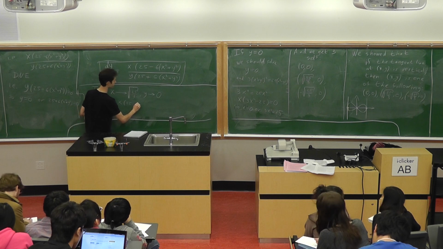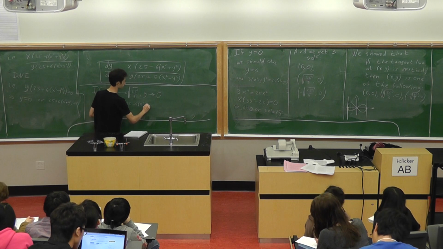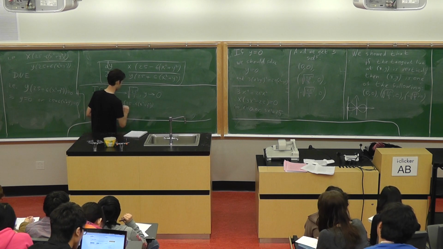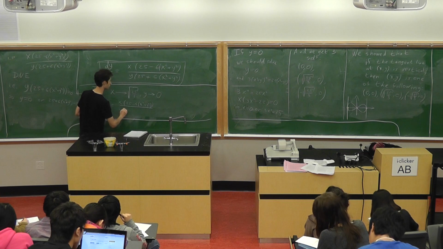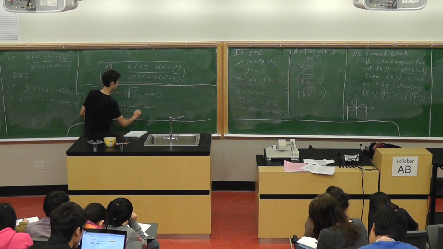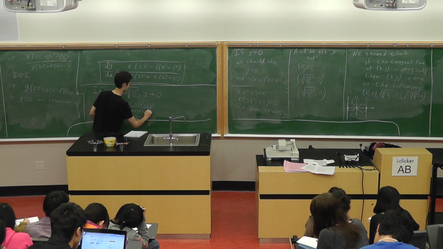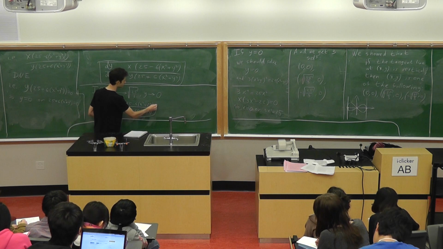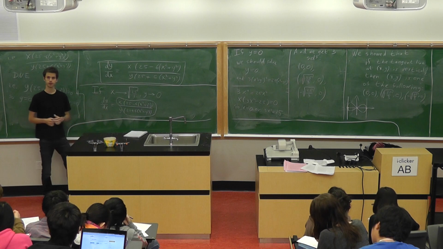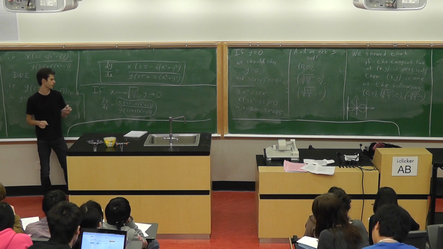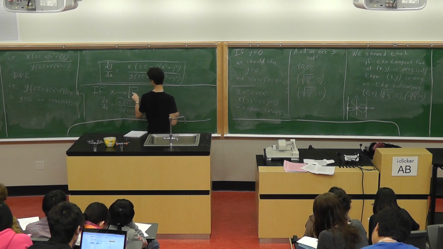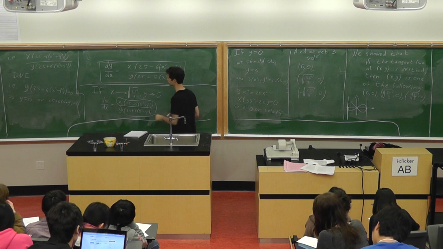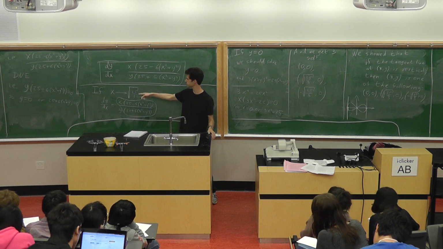So I have this part. If you compute what happens to just this part, it approaches some particular number. So x approaches this value, x squared plus y squared approaches 25 over 3.